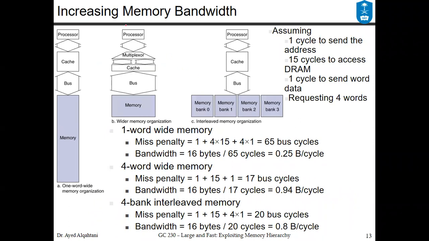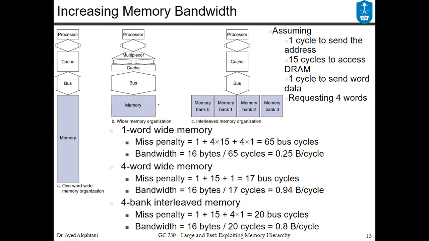Now, how do we increase the memory bandwidth? To understand this, look at these three architectures. We have one architecture that is called the one word wide memory organization. The other one is the wider memory organization, so you can see the width here. And here we have the interleaved memory organization.